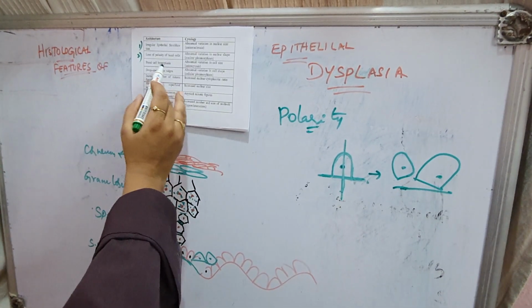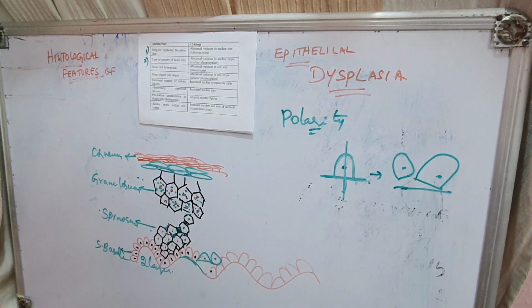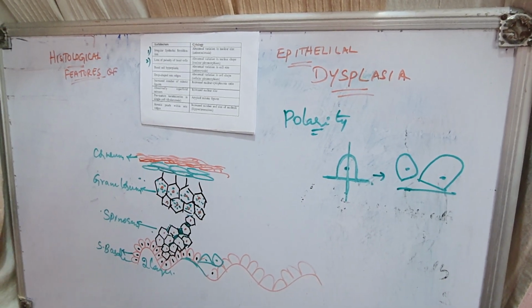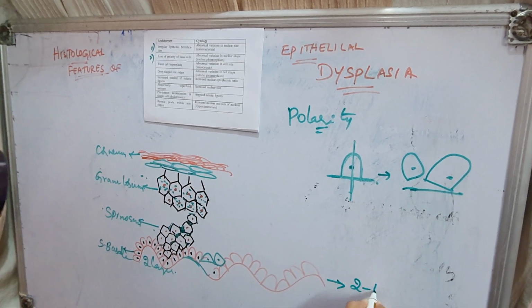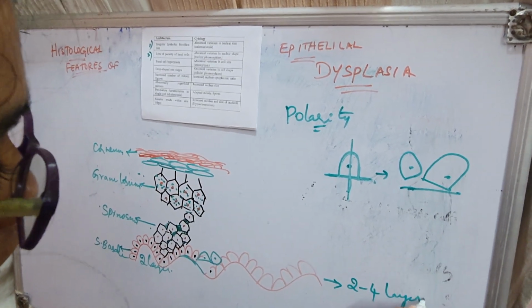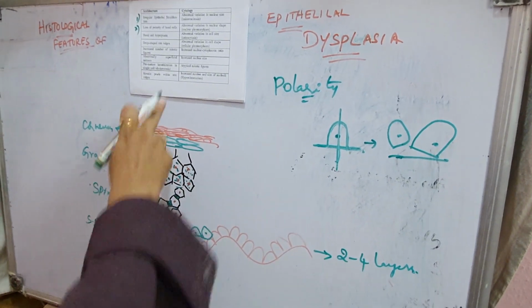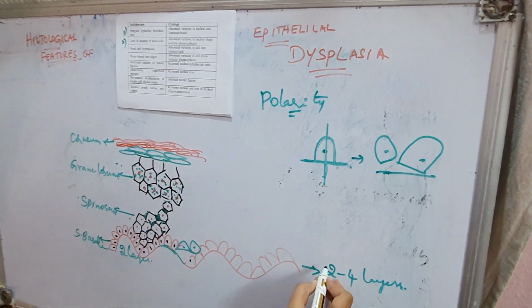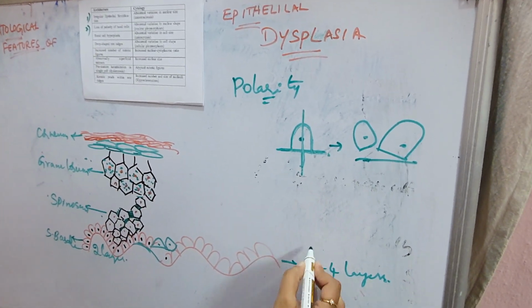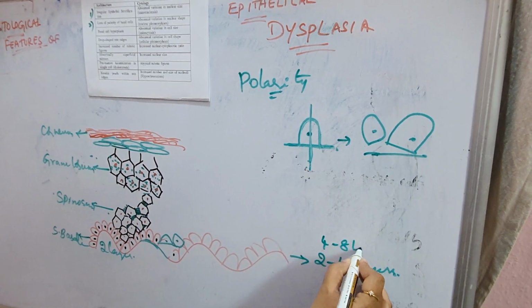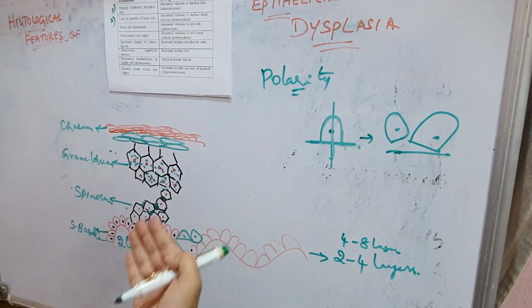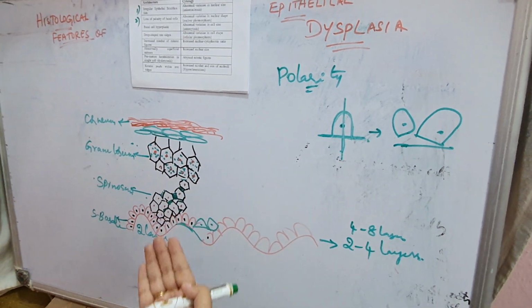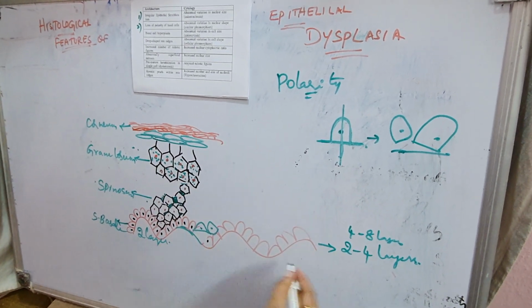Next, the third one is basal cell hyperplasia. What do we mean by basal cell hyperplasia? As I have told, the stratum basale is 2 to 4 layers thick in the normal oral mucosa, whereas in basal cell hyperplasia there will be more than 2 to 4 layers of cells, might be 4 to 8 layers. And why does this happen? Because the tumor cells, or carcinomatous cells, keep proliferating.